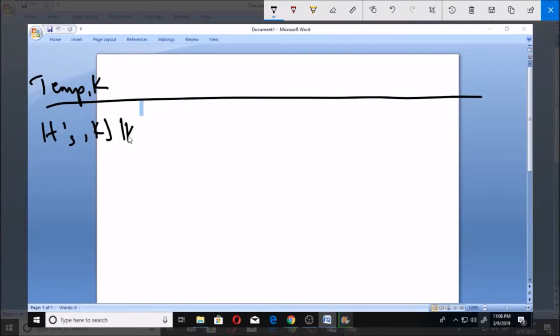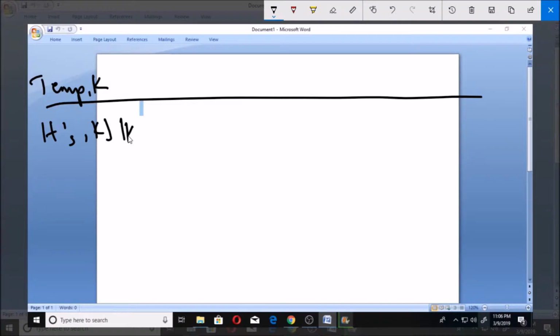At a temperature of 293, the enthalpy is 57.57. At 303, the enthalpy is 99.75.